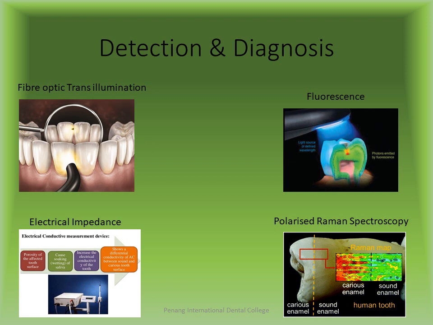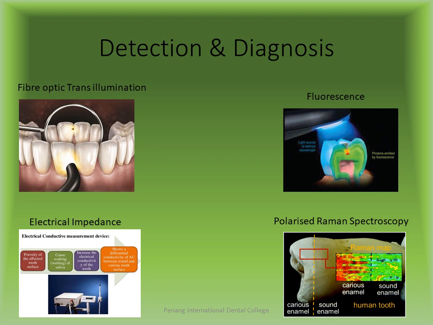That is the principle on which fiber optic transillumination and fluorescence work. In electrical impedance, basically we are subjecting the tooth to a small electrical charge, that is an alternating current, and the healthy tooth structure will give one value and the carious surface will give a different value. So you will be able to see a differential conductivity of alternating current between the sound and the carious tooth structure. That is how electrical impedance works.